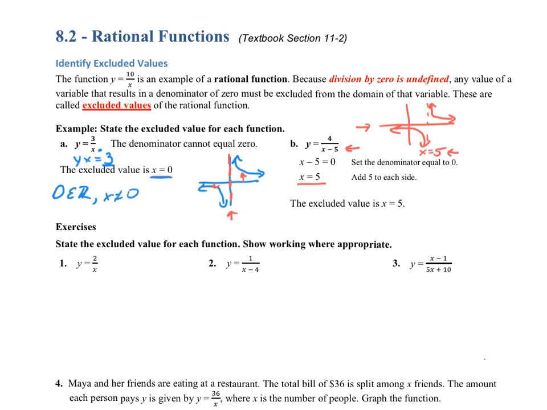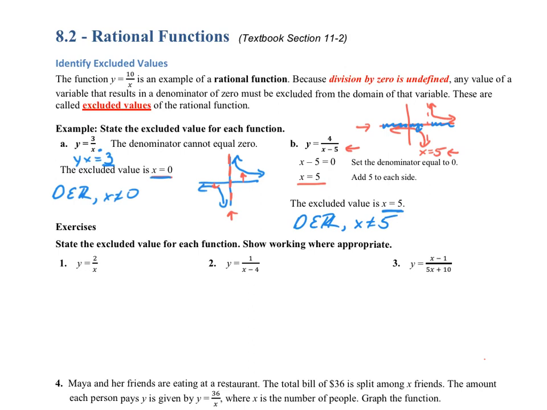And over here, my excluded value, the x that I cannot use as an input for my function here, is going to be x is equal to 5, and my domain is going to be the set of all real numbers. I can put any x along the x-axis and get values out, except x cannot equal 5. So super easy, right?